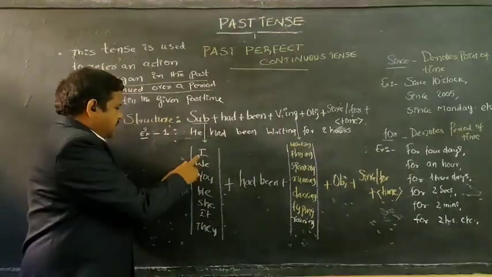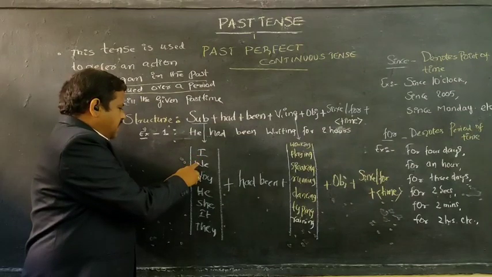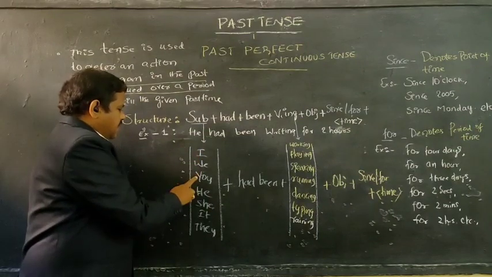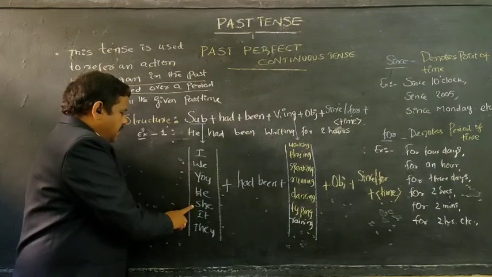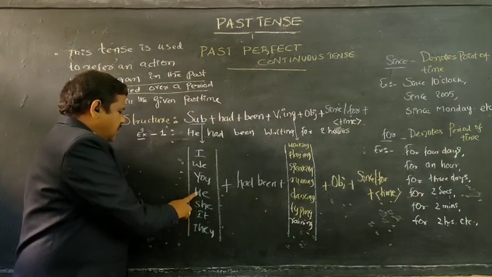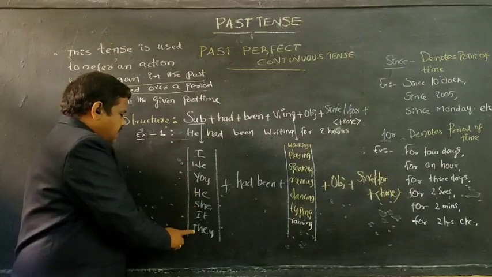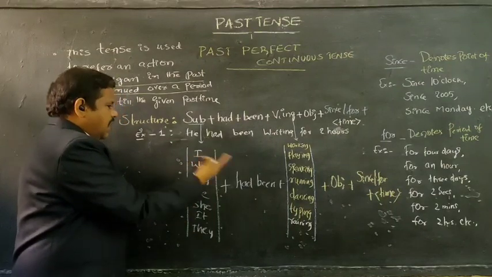The subjects used are as we just explained. I and we are first person, you is second person singular and plural, he, she, it are third person singular, and they is third person plural. Now how can you write?